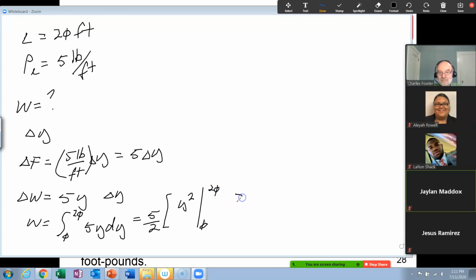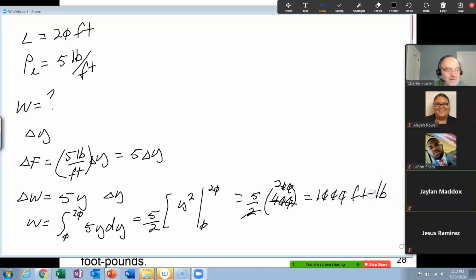So this will be 5 halves times 400. 20 squared is 400, 0 squared is nothing. 2 will go into 400 200 times, so this is right around 1,000. We were measuring in foot-pounds, so 1,000 foot-pounds. And that's what they got.